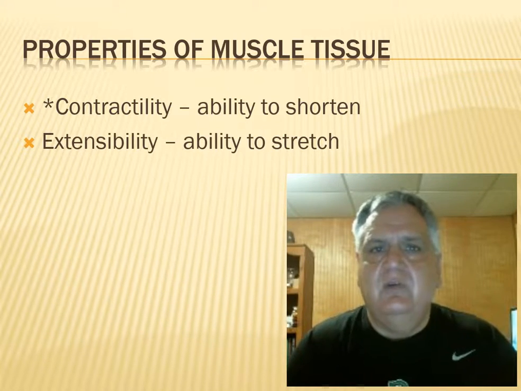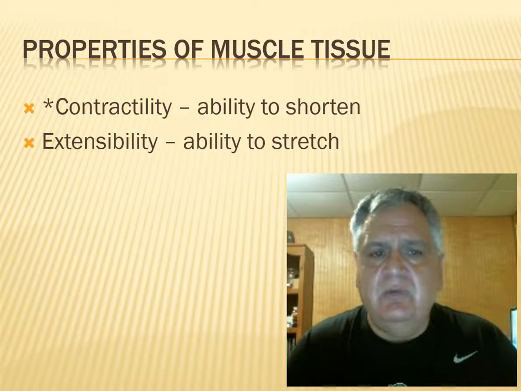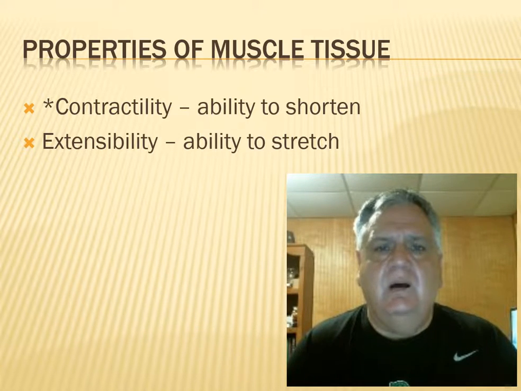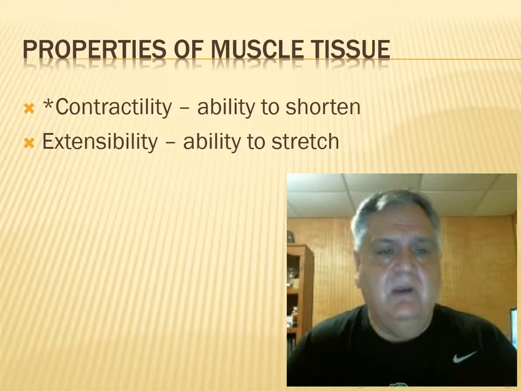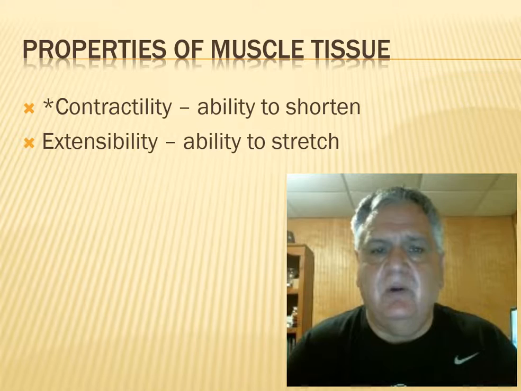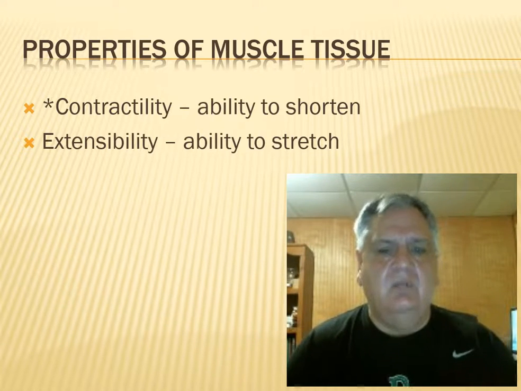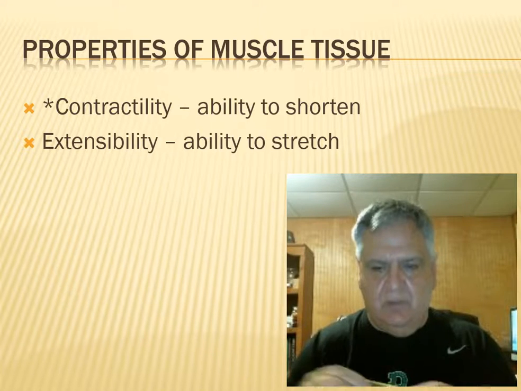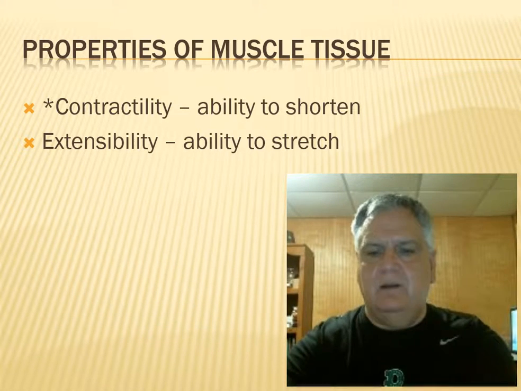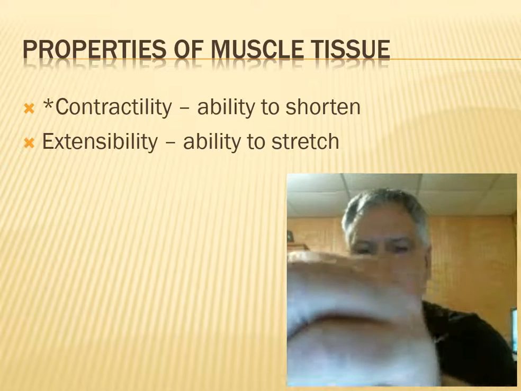But in addition to contractility, muscle tissue has other properties as well. For example, extensibility is another property of muscle tissue. Extensibility is the ability to stretch. Can you see this rubber band that I have here? Where do I want to put it up?